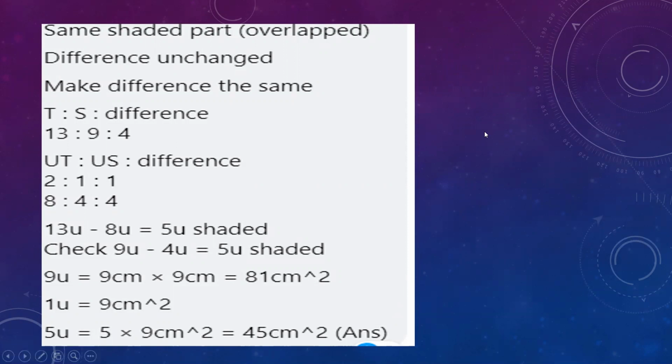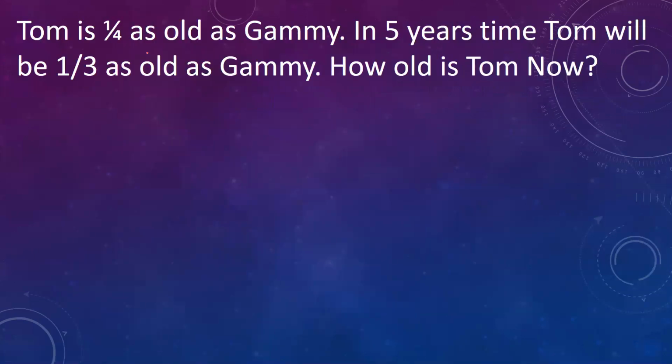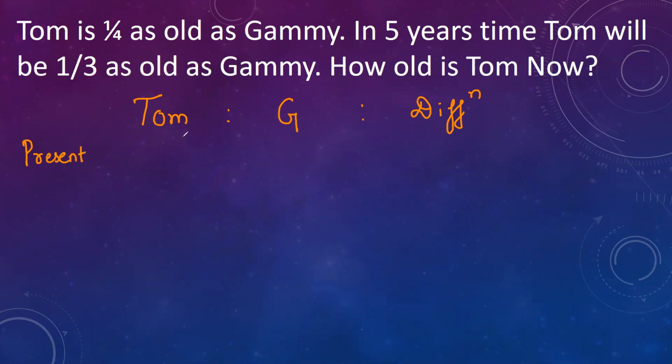Next question please. Tom is 1/4 as old as Grammy. So this is Tom, this is Grammy, and this is the difference. Now we are talking of ratios. So this is 1, this is 4, and this is 3.